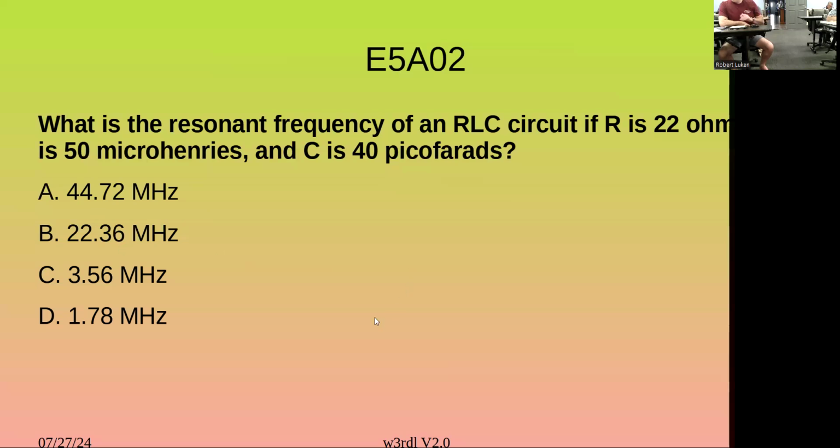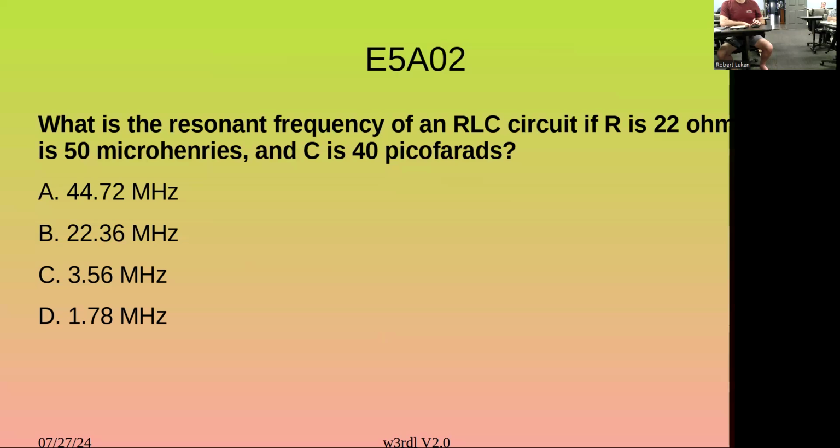Is that the 2 pi FL formula? 1 over 2 pi times the square root of LC. So it's going to be 40 times 50. Add the exponents. Kind of sounds familiar. Like maybe it's the minus 18 again. So here's the trick.